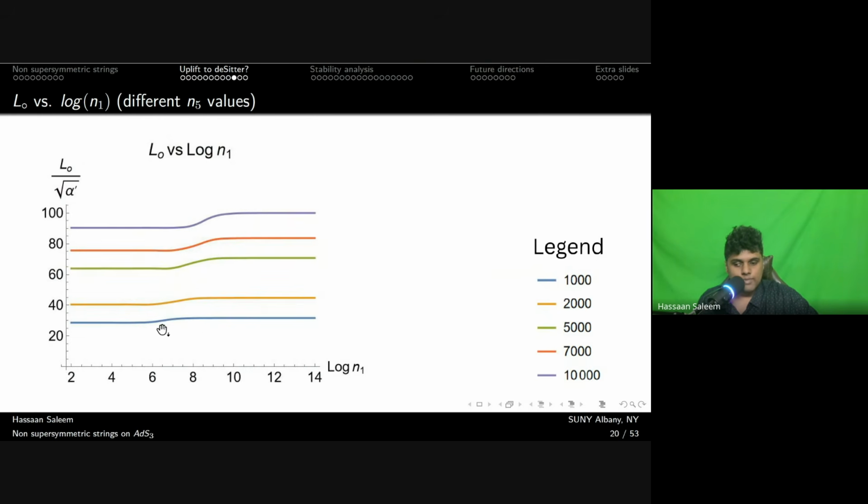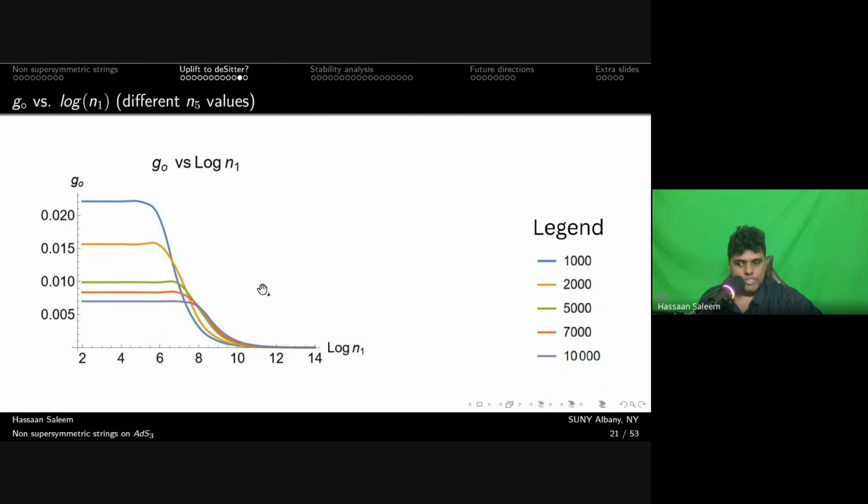For example, this blue graph is plotted when N5 is 1000. This graph is plotted when N5 is 2000, and so on. You can see that as N5 becomes bigger, LO becomes bigger as well. But when N1 goes to bigger values, the change is not that much. So there is a much stronger dependence on N5 as compared to N1.